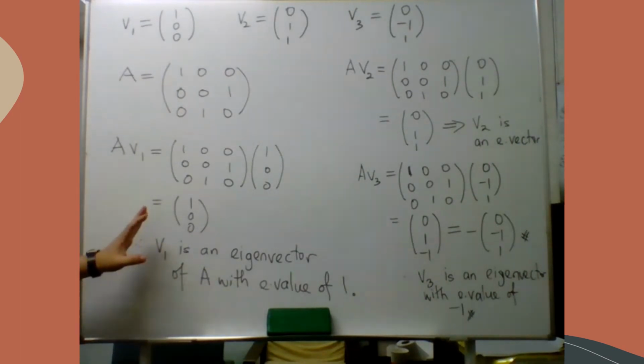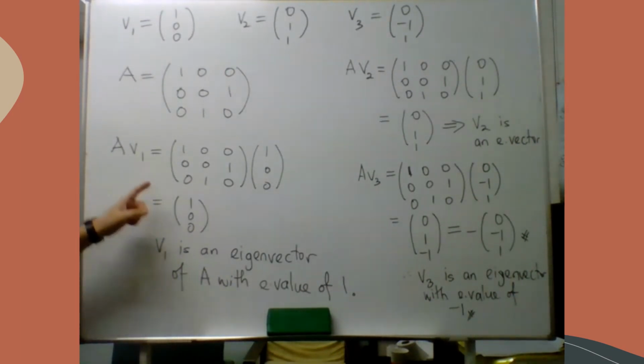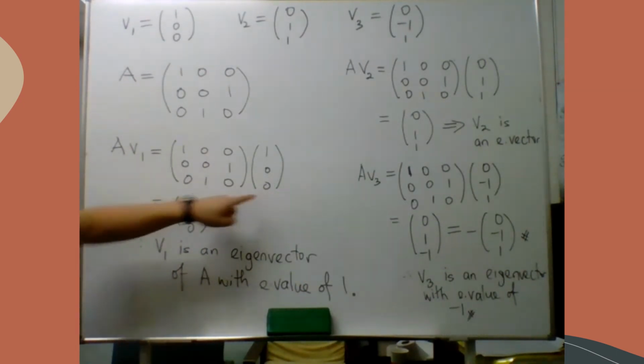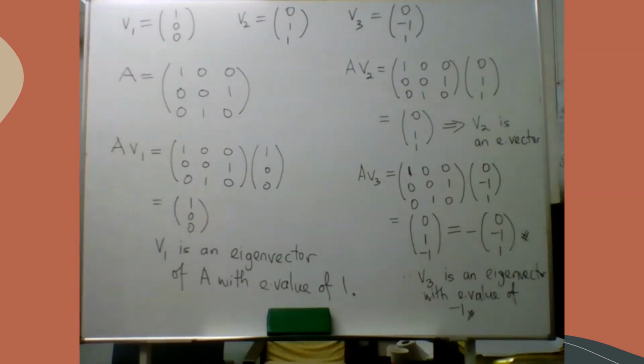On the left-hand side you have V1, on the right-hand side you have V1, and therefore V1 is an eigenvector of A. What about the eigenvalue? The eigenvalue here is 1. So if initially my system is in V1, and I do the measurement for A, I will get eigenvalue equal to 1.